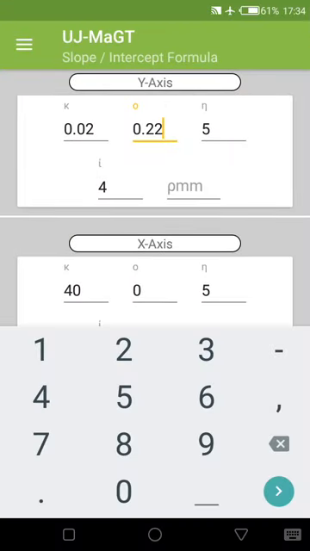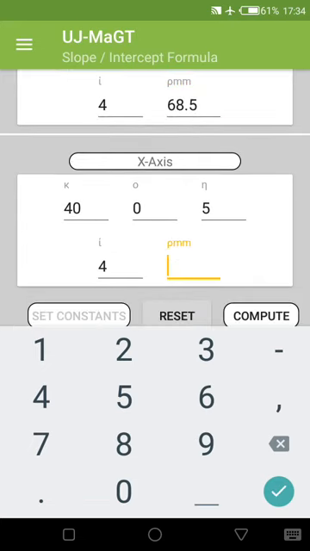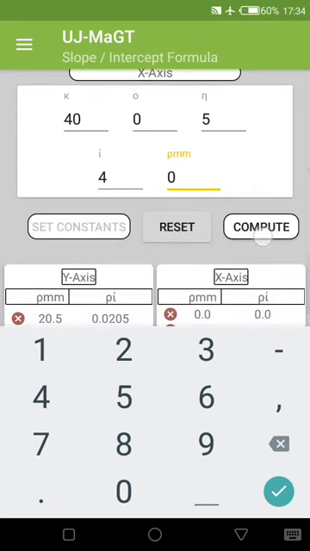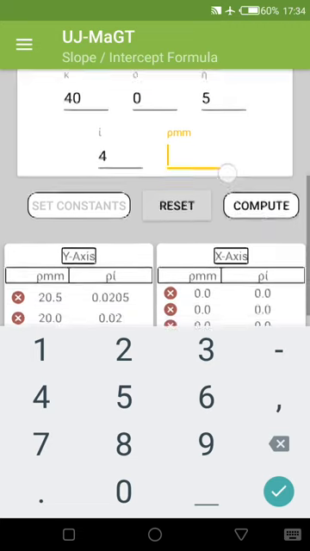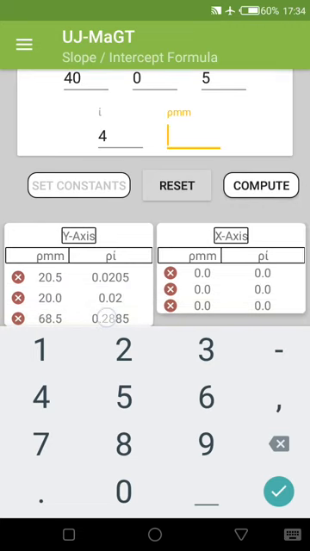To get the intercept I1, you put 68.5 here, and you can put just 0 there for the sake of computation. So you compute. That tells you that the intercept I1 is 0.2885.